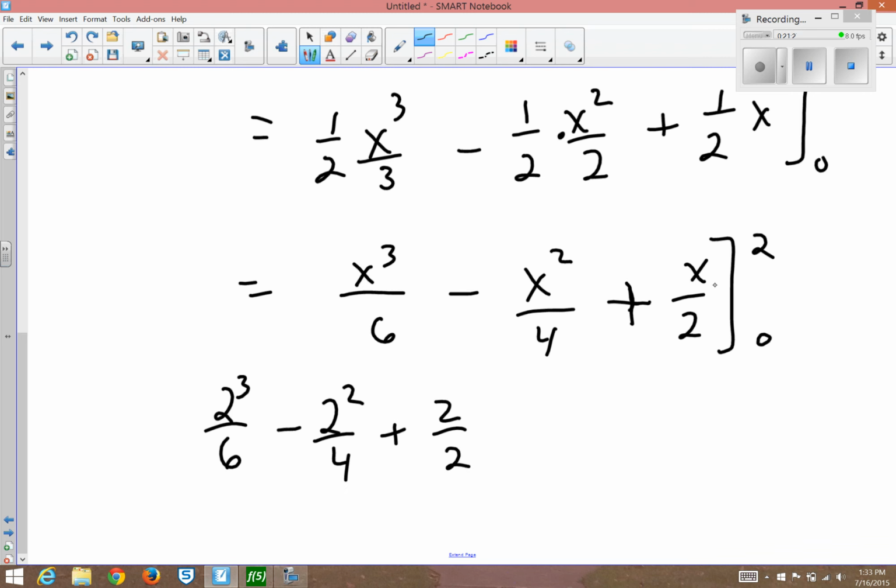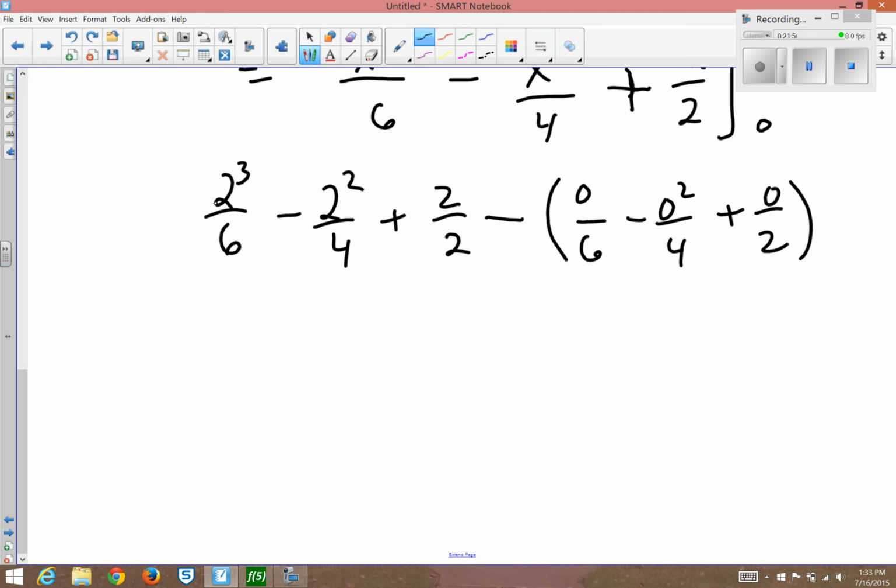So I just replaced every x that I saw with a 2. Then minus, parentheses, every x now gets replaced with 0. 0 to the third over 6, minus 0 squared over 4, plus 0 over 2.